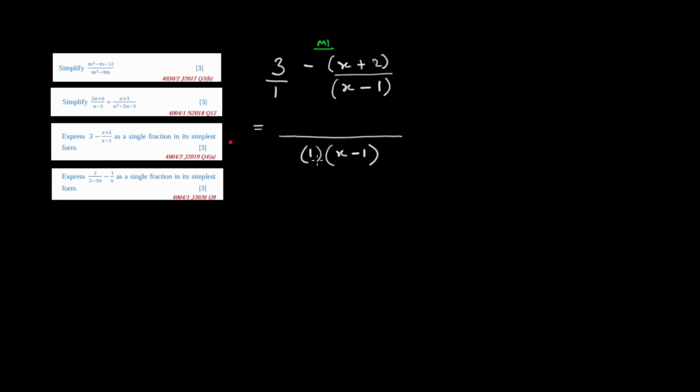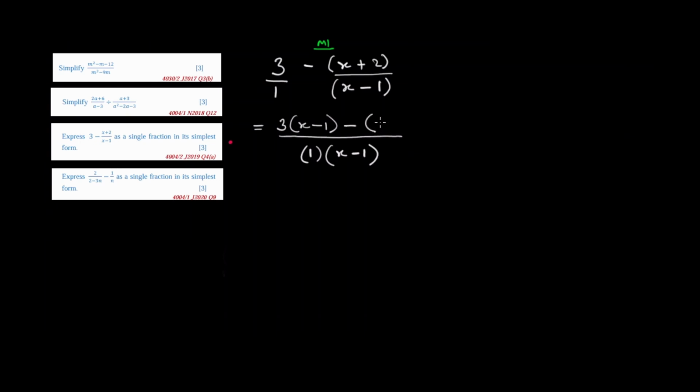So 1 into the common denominator, the 1 cancels, leaving the bracket (x minus 1). Bracket (x minus 1) times 3 is our answer, 3(x minus 1). We put minus, then the bracket (x minus 1) goes into the common denominator, cancelling, leaving 1.